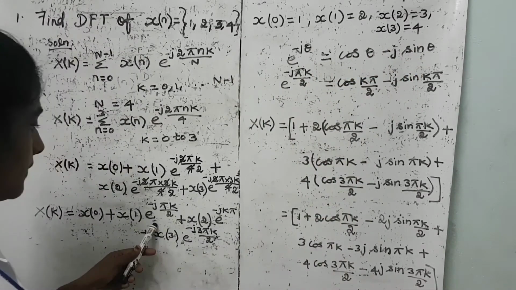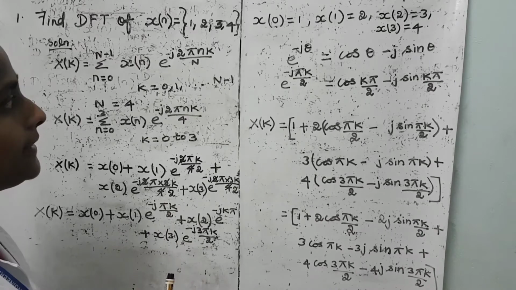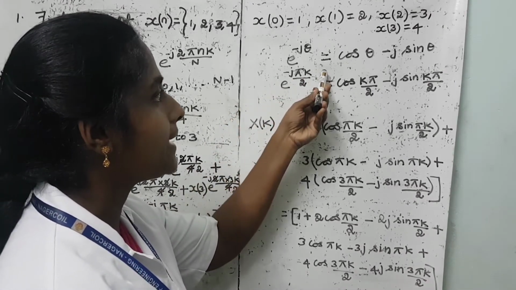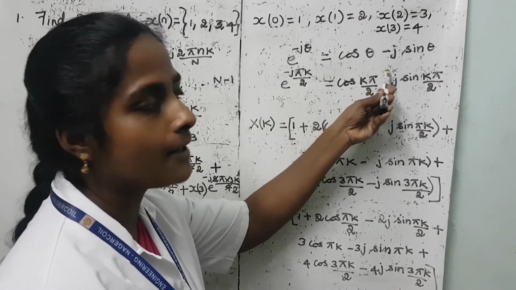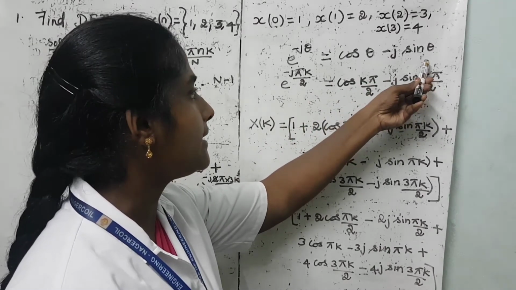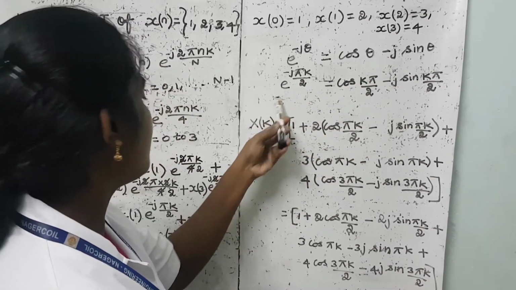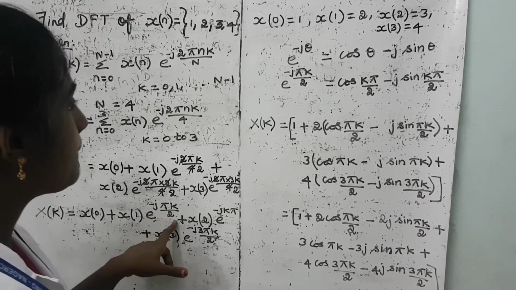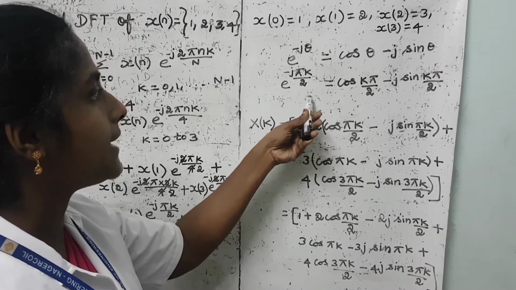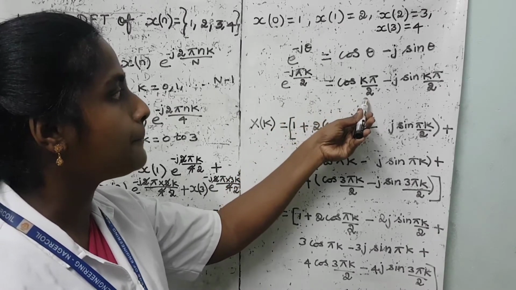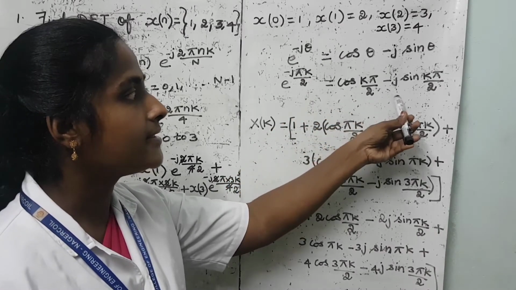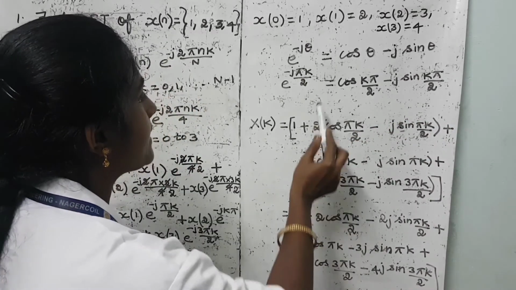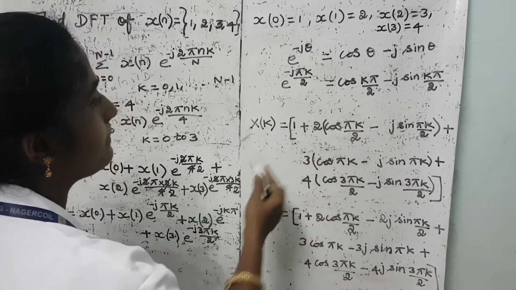And for the e power term, we know the formula that e power minus j theta is equal to cos theta minus j sin theta. For the first term, e power minus j pi k by 2 can be written as cos k pi by 2 minus j sin k pi by 2. So in this format every exponential term can be written.